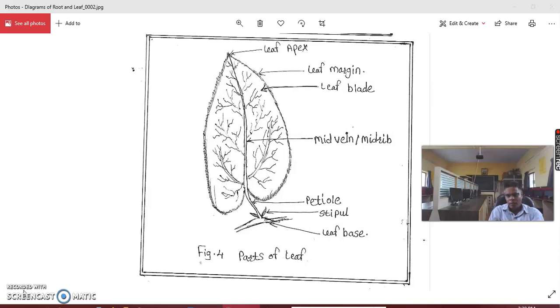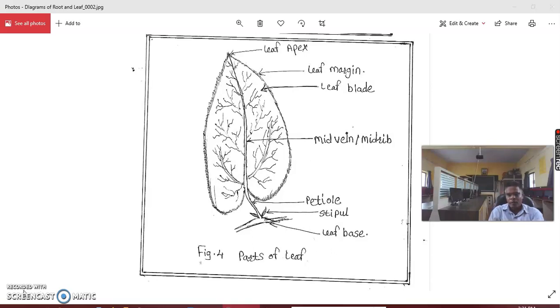There are two main subtypes: the pinnately compound leaf and the palmately compound leaf. In a pinnately compound leaf, the lamina is divided up to the midrib and forms leaflets. For example, rose and gulmohar are examples of pinnately compound leaf.